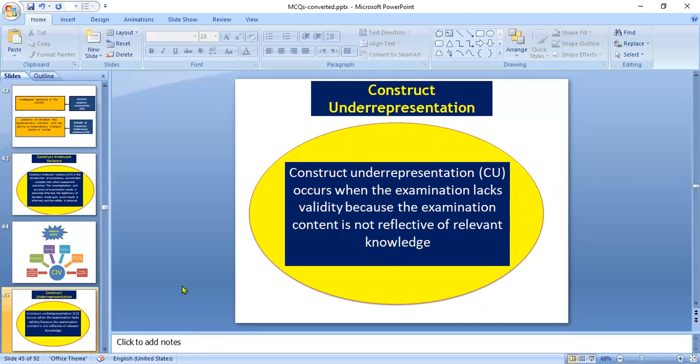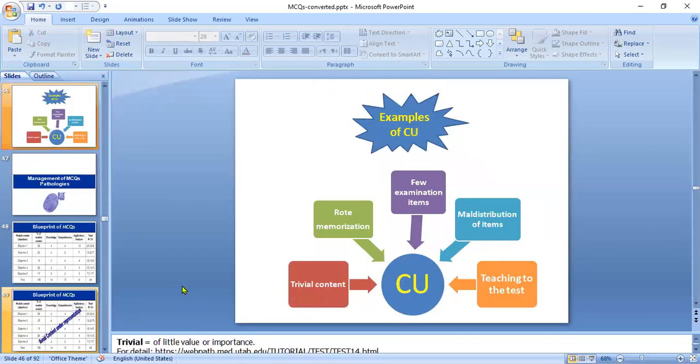It means all the questions are low level with no difficult ones, or all the questions are difficult. So the representation of this test is under-represented, and there are different sources or examples of construct under-representation.